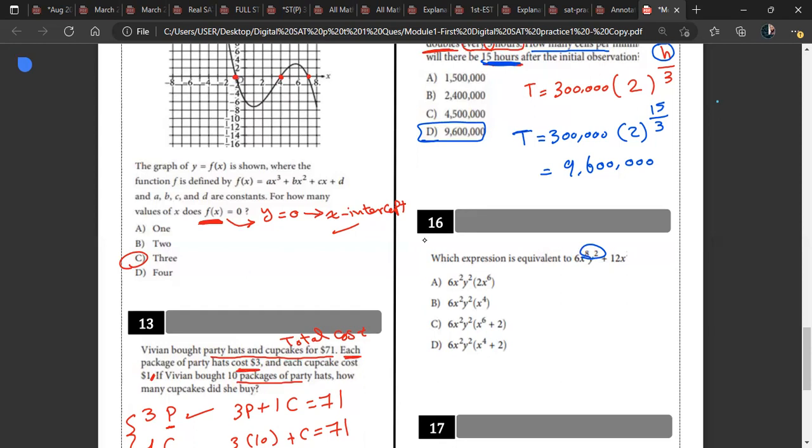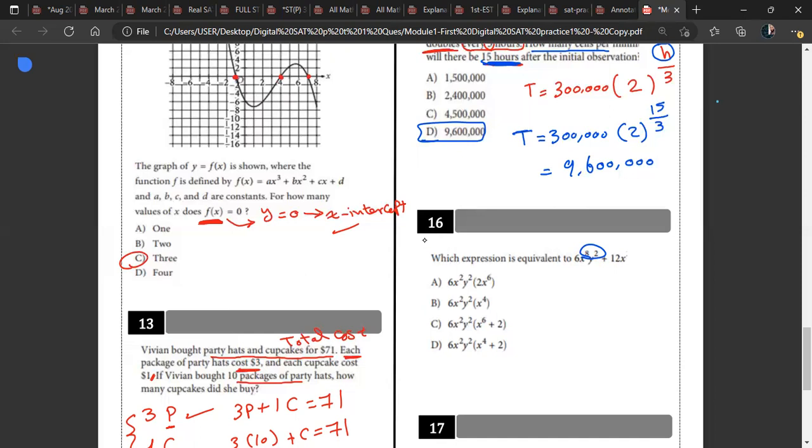As we know, when you multiply powers with the same bases, you add the powers. And vice versa, if you divide the same bases, we subtract the powers. So you can see here, x squared multiplied by x to the power 6 equals x to the power 8. Clear?